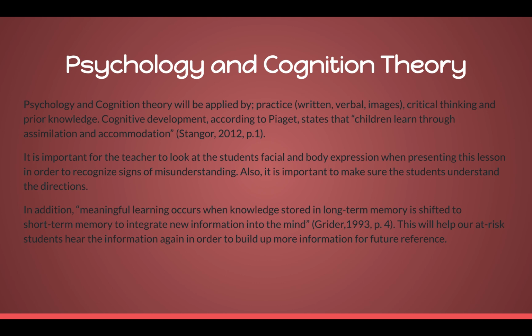Cognitive development, according to Piaget, states that children learn through assimilation and accommodation. It is important for the teacher to look at the students' facial and body expressions when presenting this lesson in order to recognize signs of misunderstanding. Also, it is important to make sure that students understand the directions.